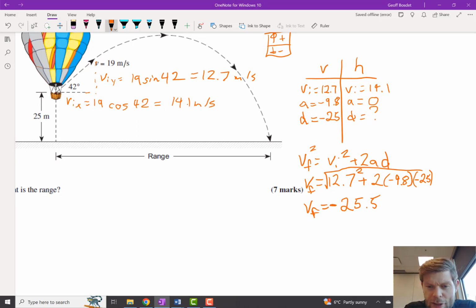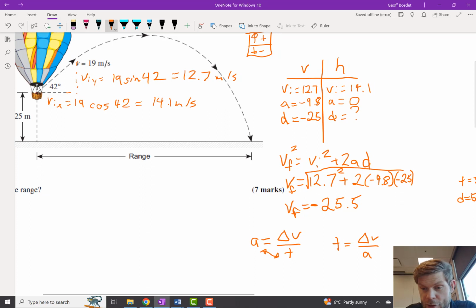Now you know how like acceleration is equal to how much your velocity changes per second. So this kind of definition, rate of change of velocity. We can rearrange this into an incredibly useful formula. Time is how much your velocity has changed divided by the acceleration, how much it's changing every second.